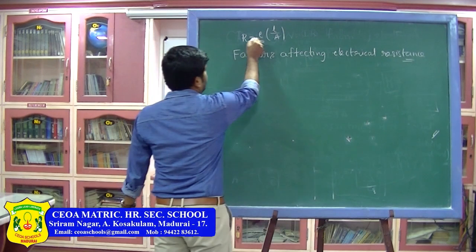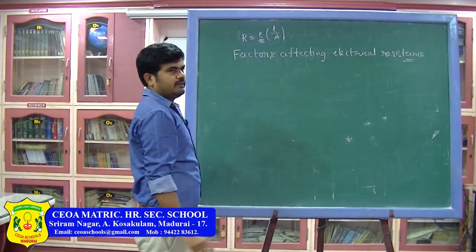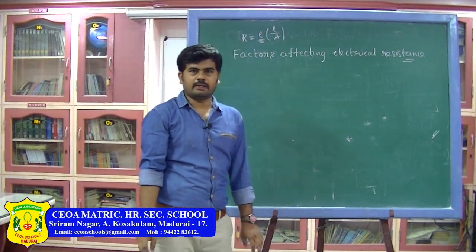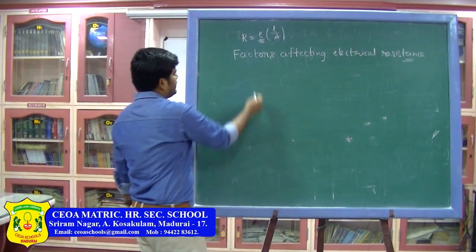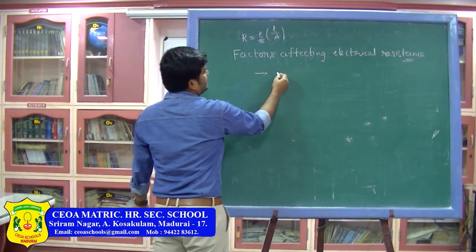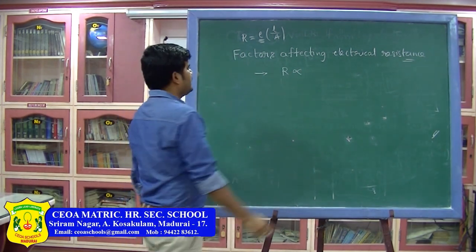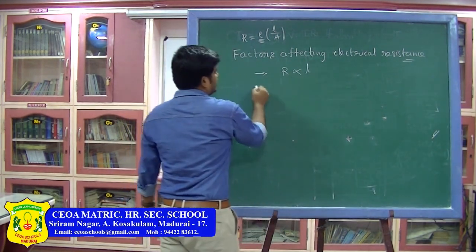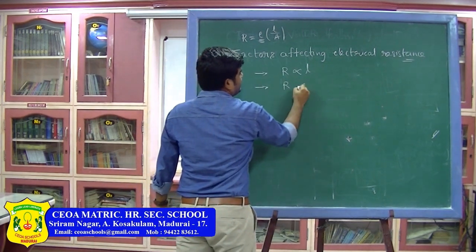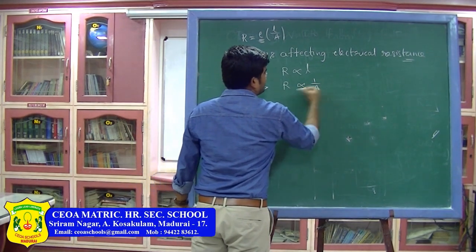From this, you can say rho is the resistivity of the material, which is constant for a given material at a given temperature. Here I can write the first factor: electrical resistance is directly proportional to the length of the material L, and R is inversely proportional to the area of cross section.